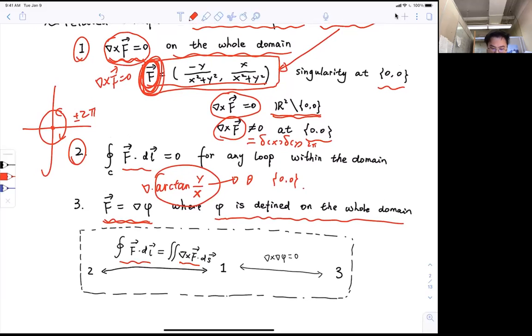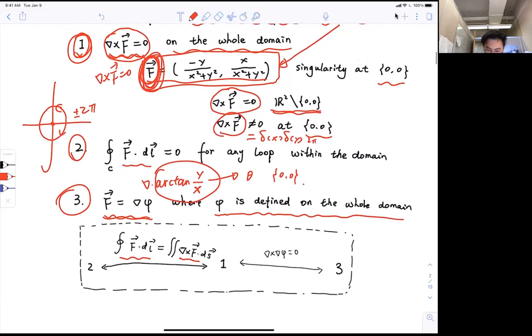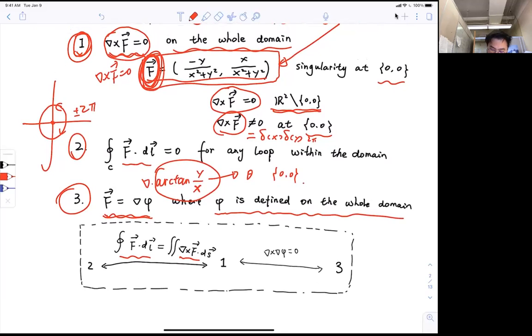And also let's look at the first and the third one. If your force can be written in this way, then the curl must be 0, because the curl of a gradient is 0, right?